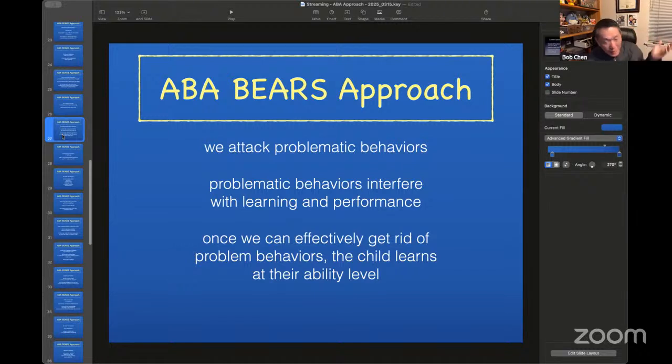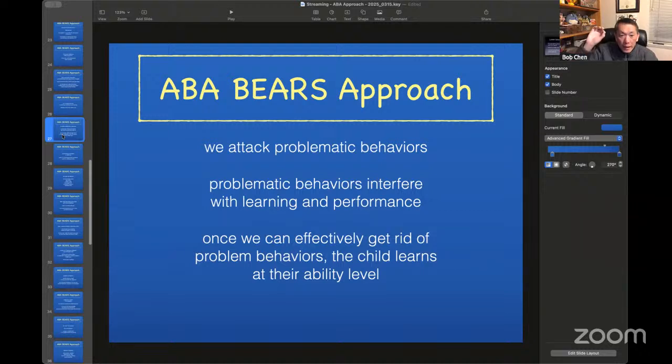Now, if you take a look at what we do at ABA Bears, we attack problem behaviors. We attack it. We're like a bulldog. Whatever the problem is, we're going to go after it. Because problem behaviors always, always, always interfere with the child's learning and their ability to perform at the level that their abilities are.